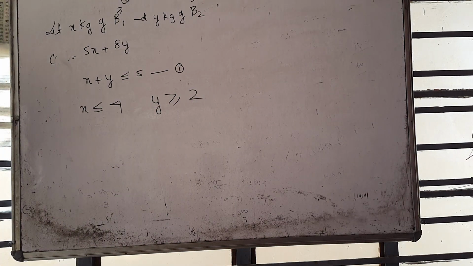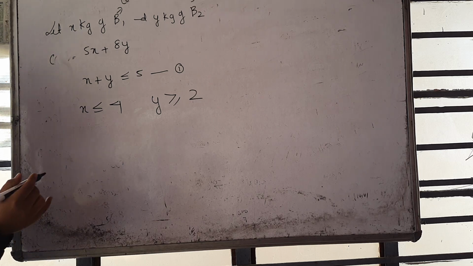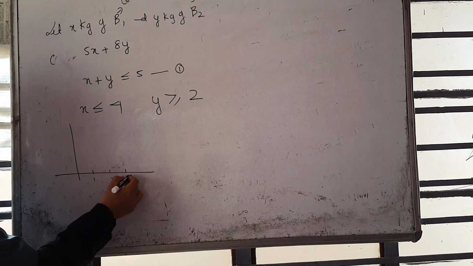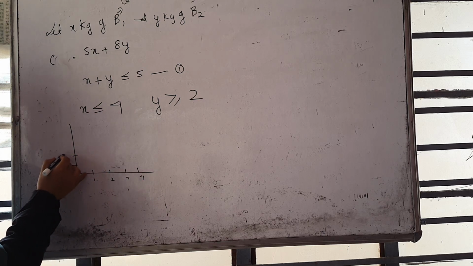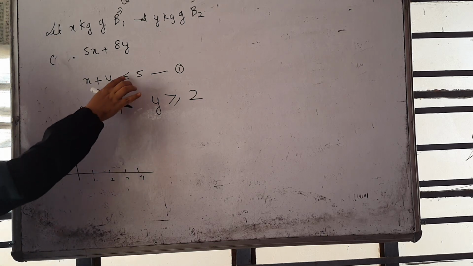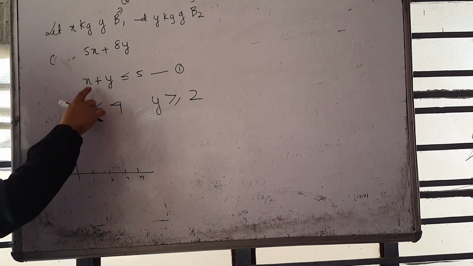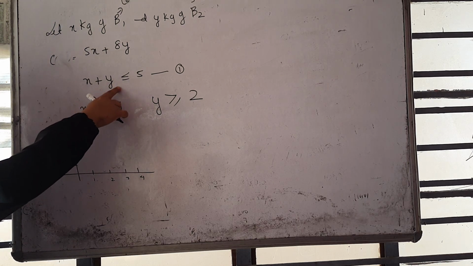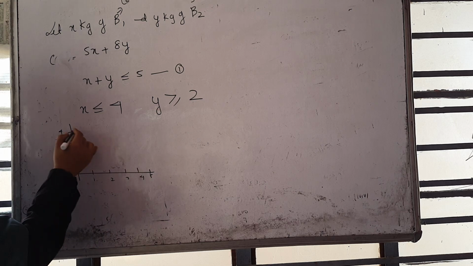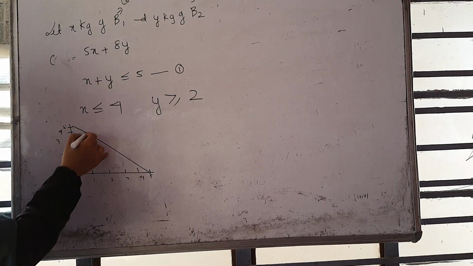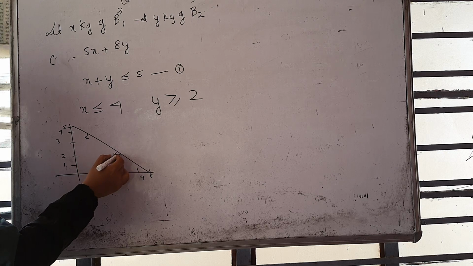Is it clear? Can you plot this graph? 1, 2, 3, 4. When you use this, what do you call it? Intercept form. X will cut 5, Y will cut 5. So, greater than or less than? It is going to be inside.